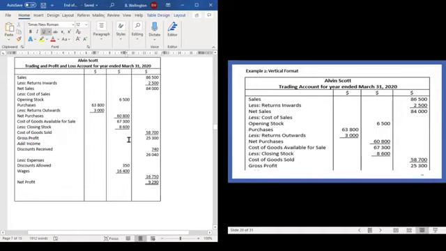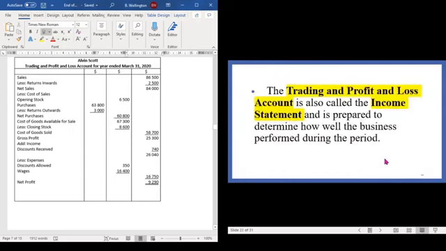It would start with your gross profit. You're going to add any income that was received during the period. In this case, there was discount received. All right? And then you're going to subtract the expenses to arrive at your net profit. Yes, so that is the vertical style of presentation.